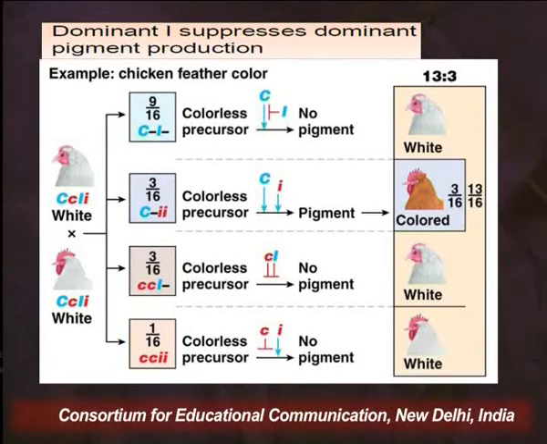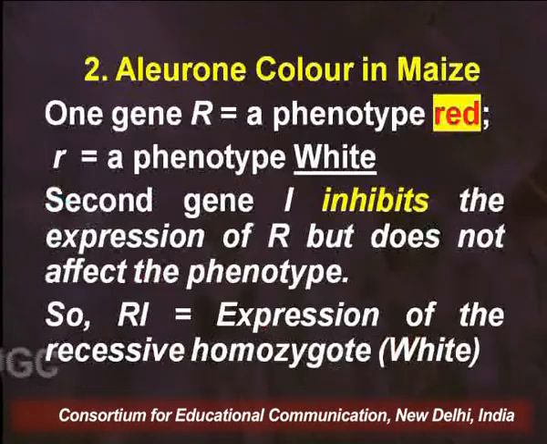If you have a situation of capital C and small i, fine, then we have a situation of a colored fowl or a colored chicken. And in the remaining 2 situations, we have again the white ones because capital I is not there, fine, but then capital C is also not there in the remaining 2 genotypes, which proves the point.